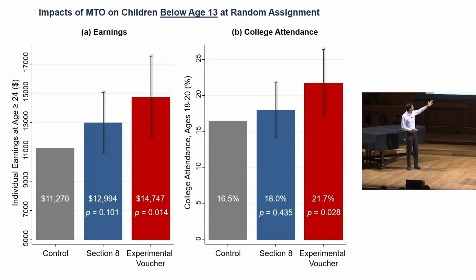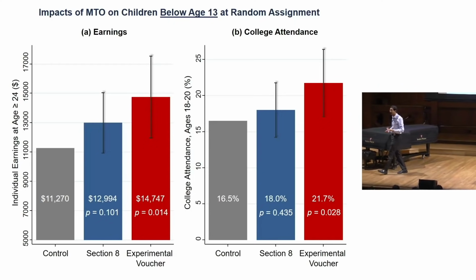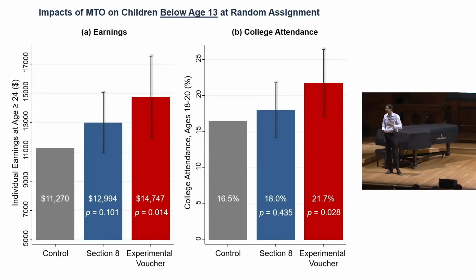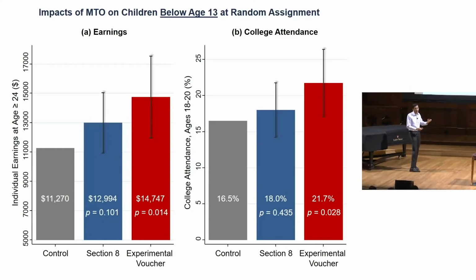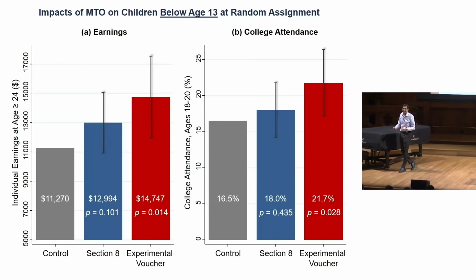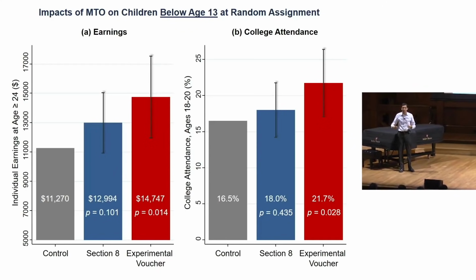Now, how big is that effect? In a percentage sense, it's actually quite a large increase in earnings, right? It's about a 30% increase in earnings relative to the base that you see in the control group. On the other hand, you might look at it from the perspective of you're still earning only $15,000 a year. It's not like you've reached the middle class or the upper middle class or something like that.